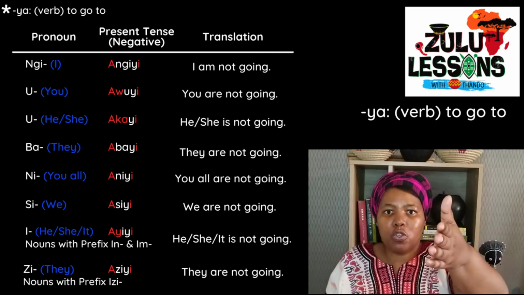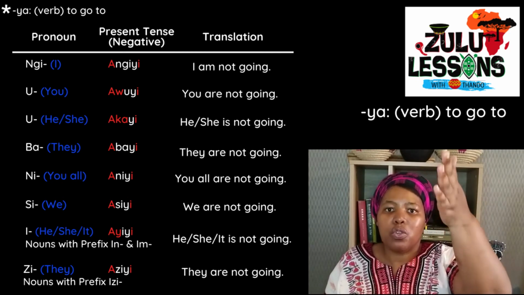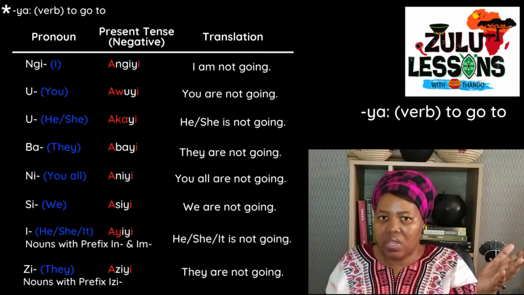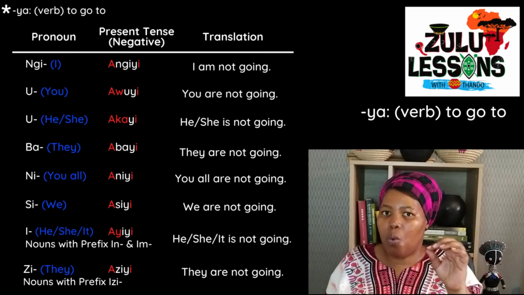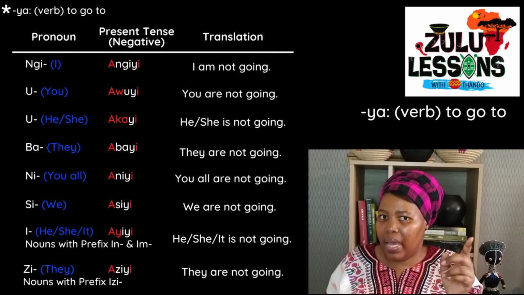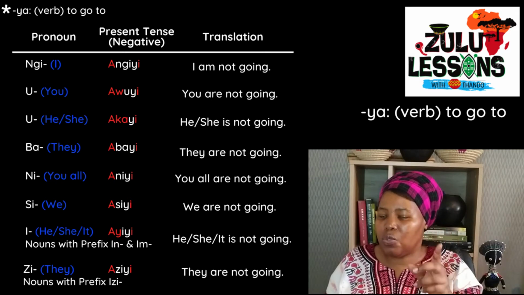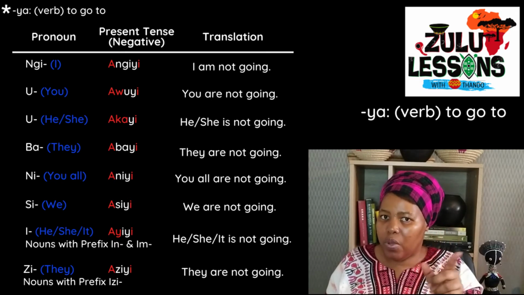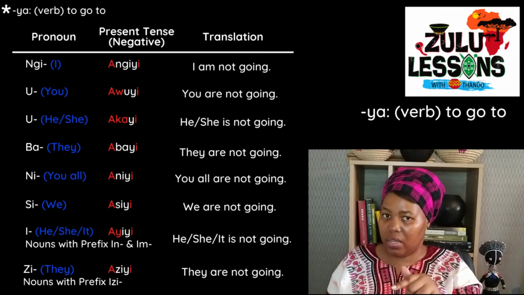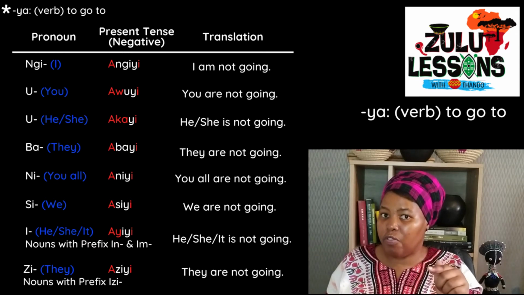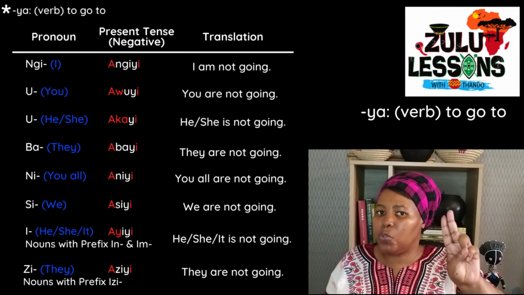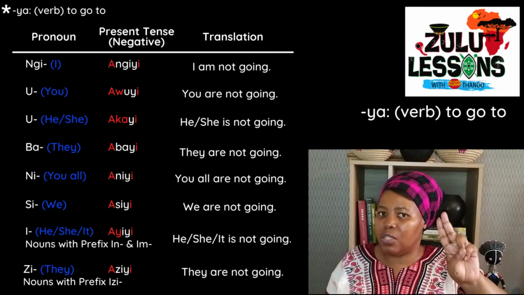Awuyi, you are not going. Now look at that. We've put in an A, so now you should know. Since this one started with a U, we are going to put a W because, as stated over and over again, we don't have 2 vowels following each other in IsiZulu.